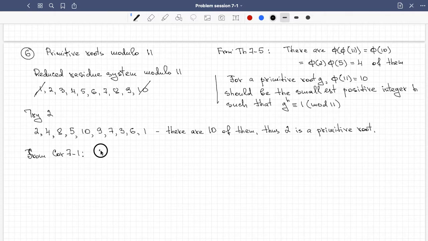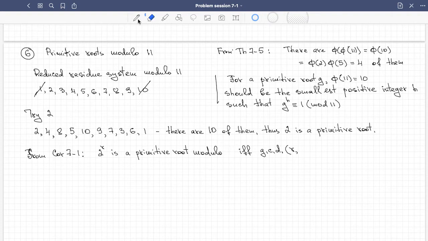Now 2 is a primitive root here. 2 to the R is a primitive root modulo 11 if and only if the greatest common divisor of R and phi of 11, which is 10, is 1.